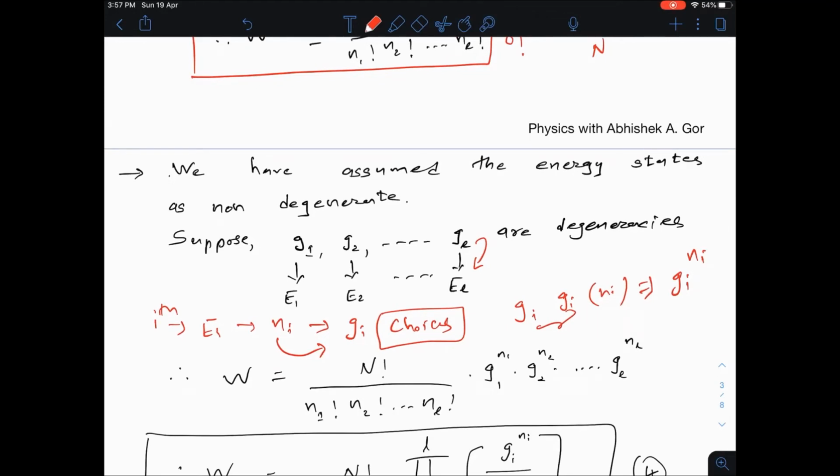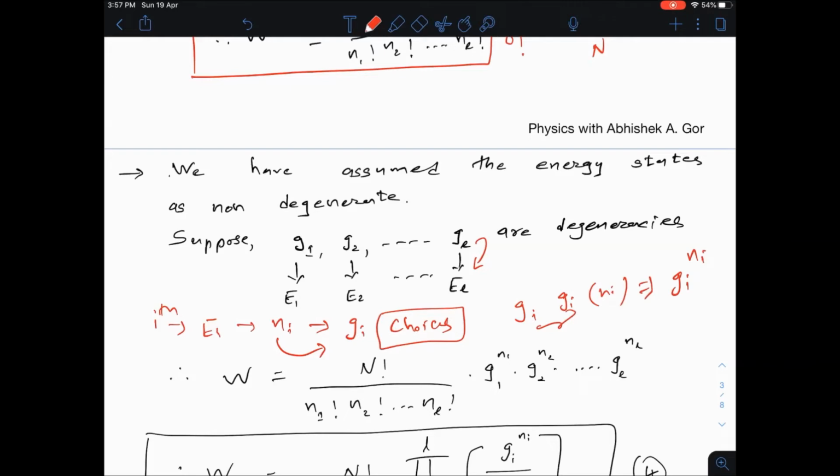Right. That means for the total distribution W, if we include the degeneracies, it can be rewritten as W is equal to n factorial upon n1 factorial into n2 factorial into nl factorial into, for the n1 particles in energy E1, we have G1 to the power n1 ways of arranging n1 particles in G1 levels, right?